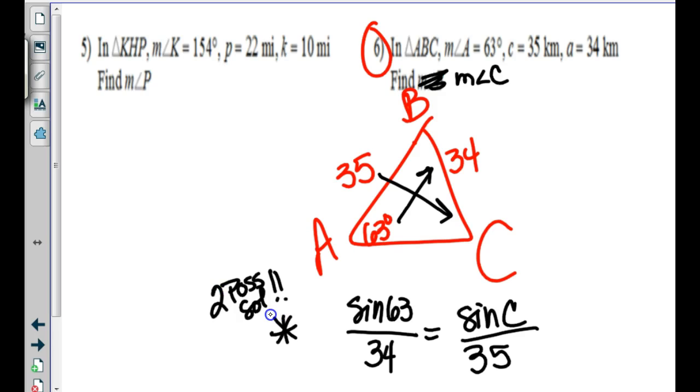Okay, so cross multiply. 35 times the sine of 63, close parenthesis, divided by 34, or hit enter and then divide by 34. Okay, I have the sine of C is like 0.917. So now I do second sine of that number.